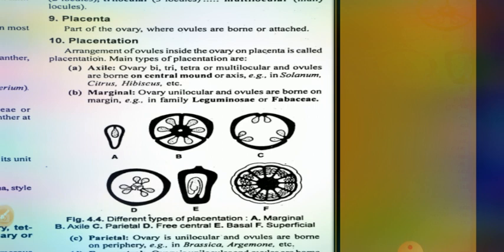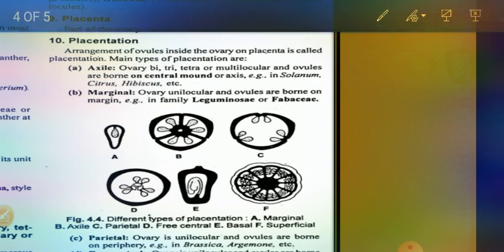In case of the axial, you can see in diagram B the ovary is bi, tri, tetra, or multilocular, and the ovules are borne on the central axis. That's why this is known as the axial type.